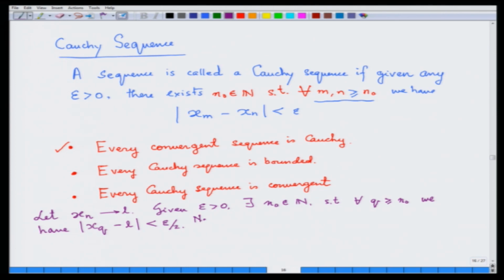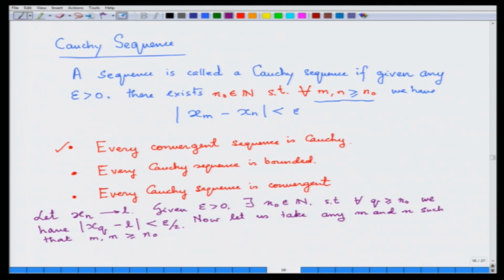Now, I am trying to use the epsilon delta language to just solve a problem. Do not think of it as some theorem, you are just trying to solve a problem in calculus. So, now let us take any m and n greater than n naught.